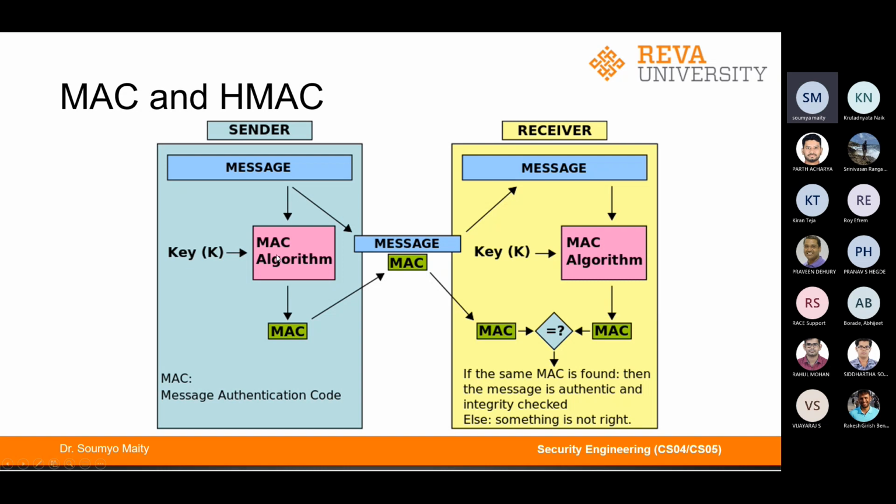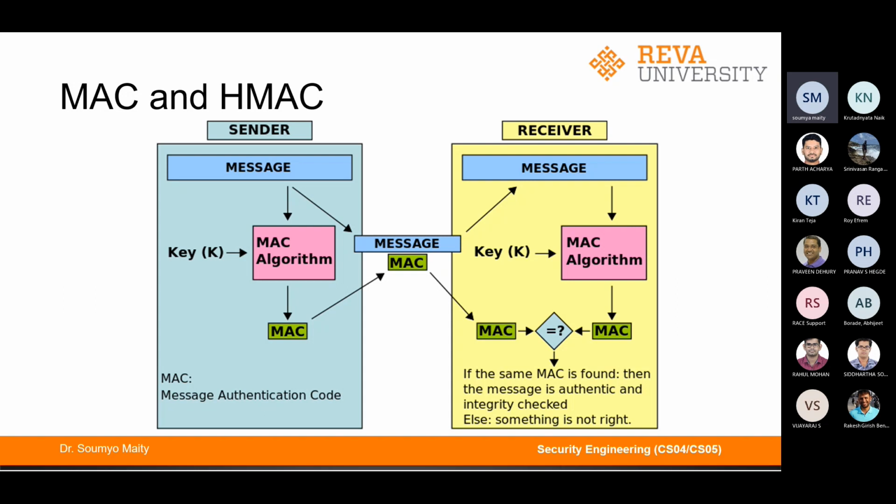That is a little better approach, but it has a problem because the eavesdropper can change the message as well as the hash value. Then what is the better approach? Instead of making it keyless, let's have a common key. That is a good way. Even though that key is known to the attacker, it's very difficult for him to create a similar hash.